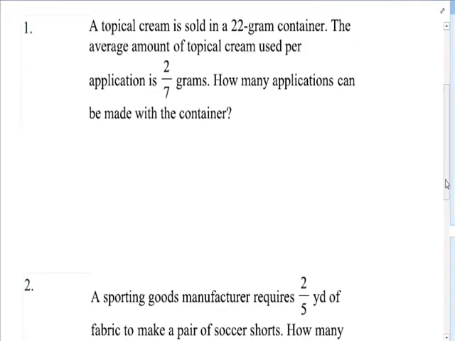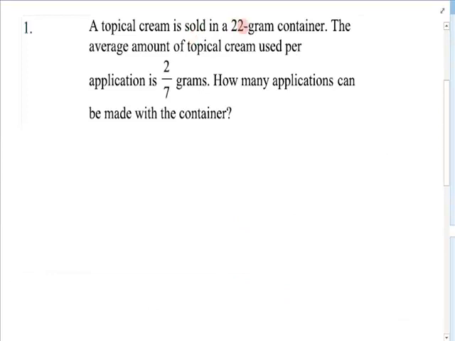It says a topical cream is sold in a 22-gram container. The average amount of topical cream used per application is 2/7 of a gram. How many applications can be made with the container?